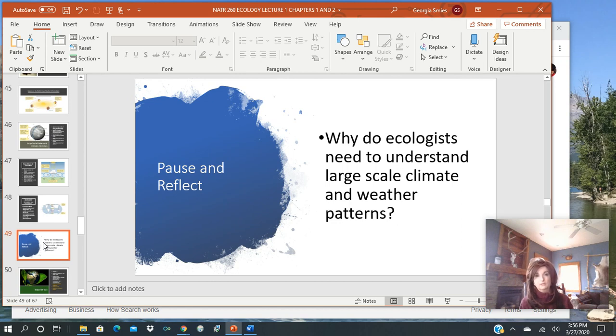So, for example, if it's important for, let's say here in Montana, huckleberries go into flower late July, beginning of August before they fruit. Well, with climate change, that is hastening, that's speeding up. So, what if huckleberries develop their blooms in May or June?